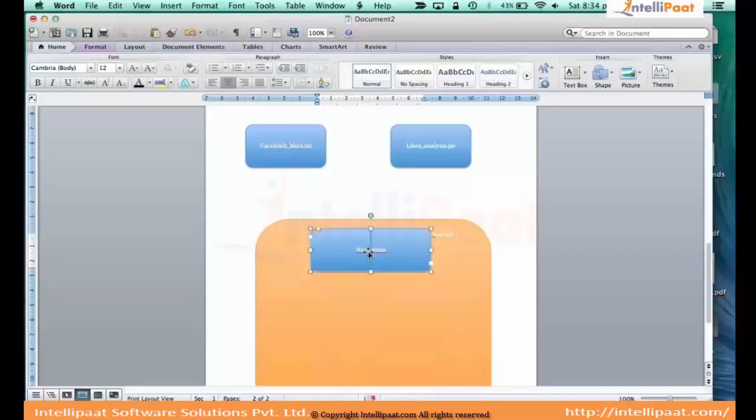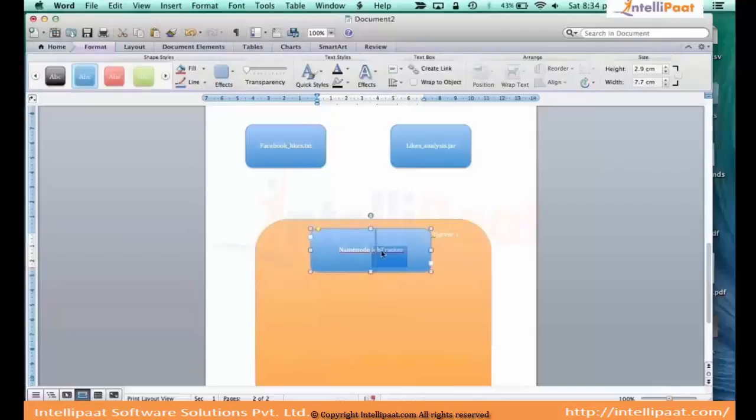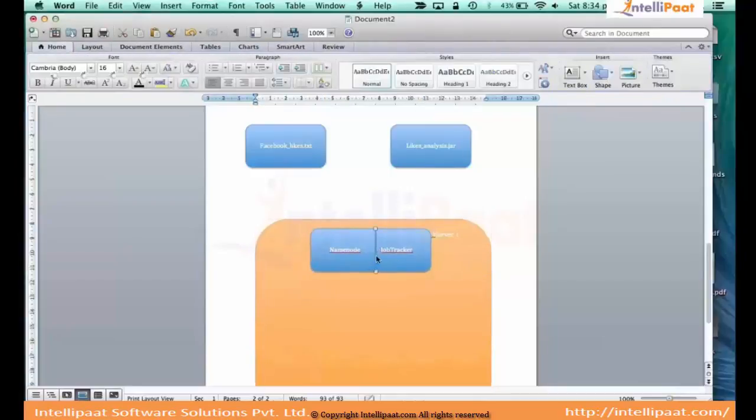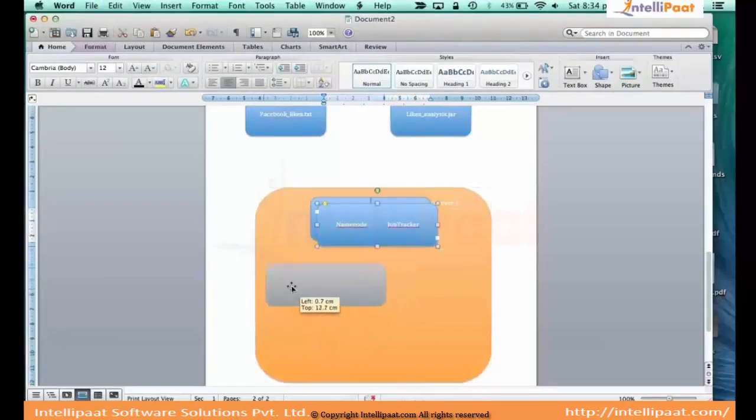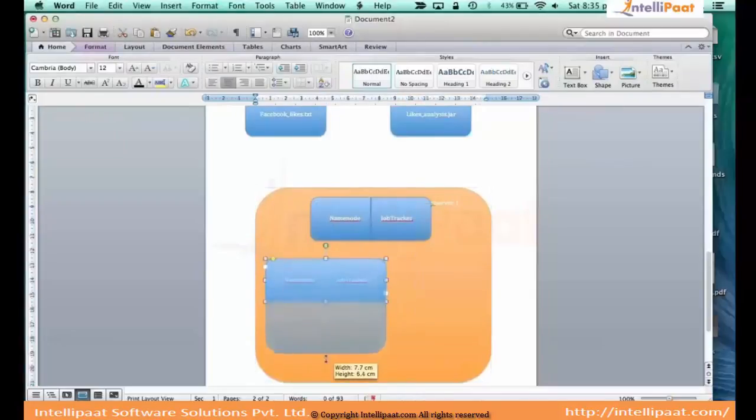Name node. And the guy who's manager for processing is called job tracker. Now I have my slave nodes.